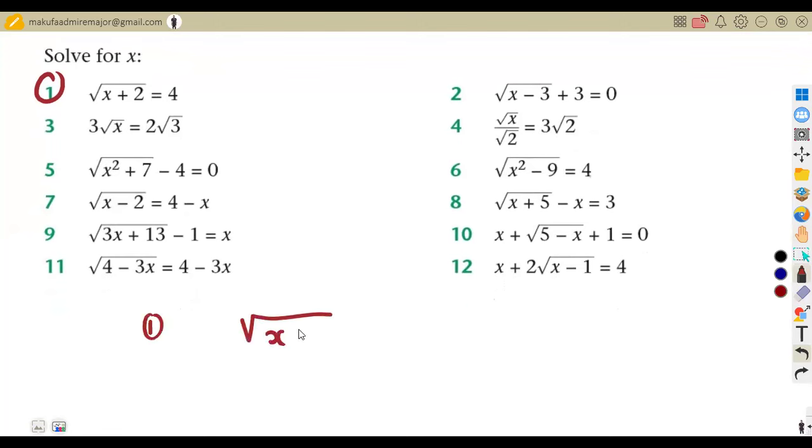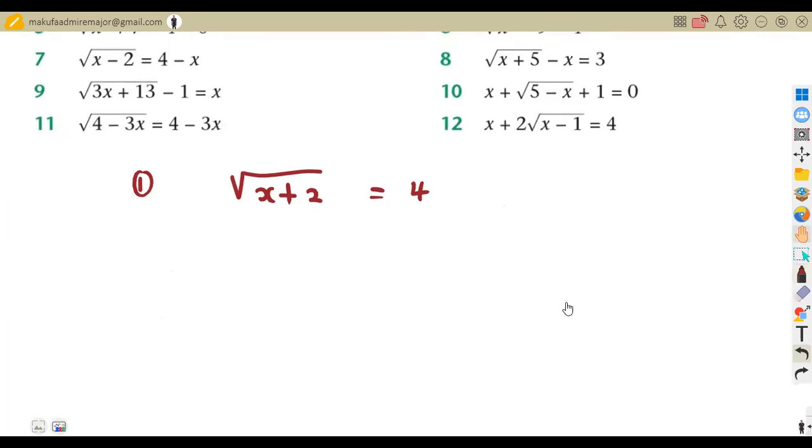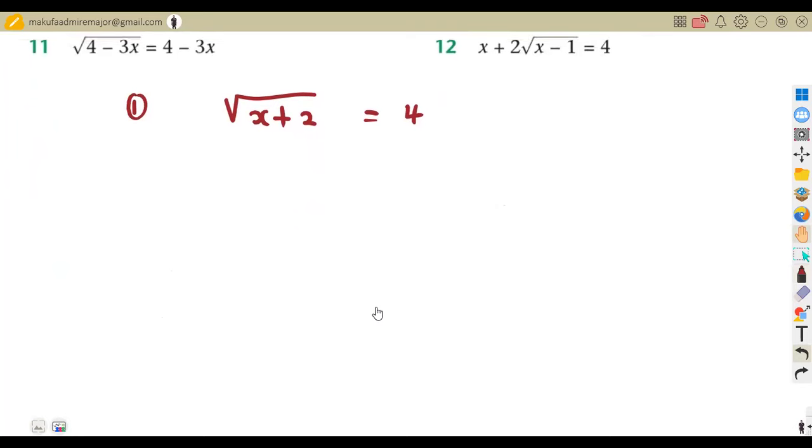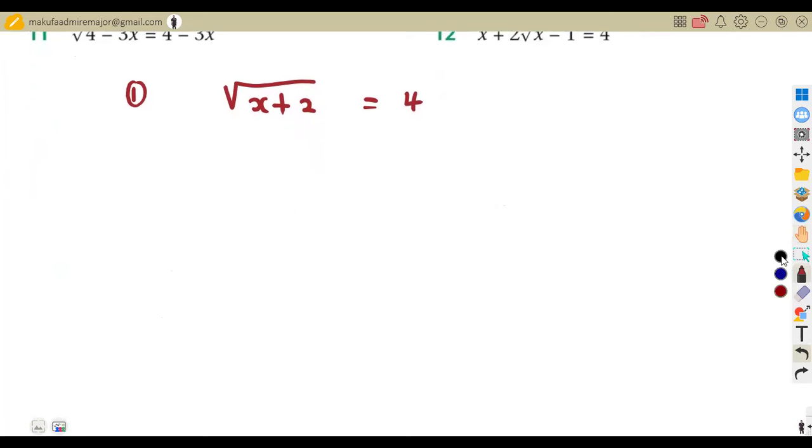typical equations. We're given the square root of x plus 2, which is equal to 4. So when you are to solve equations like this, already this is in the right format that we are supposed to have. What is the right format?